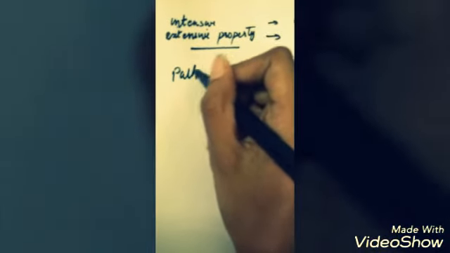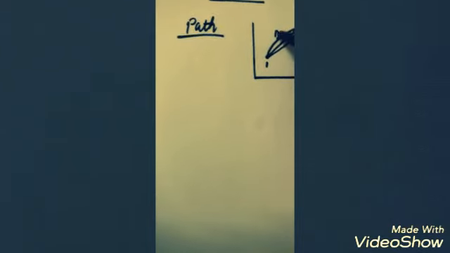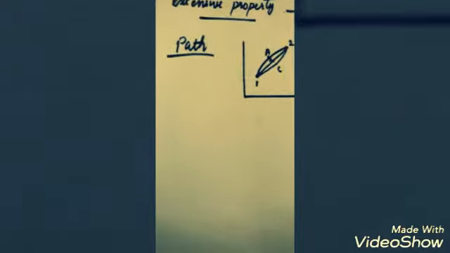What is path? So consider a thermodynamic system goes from state 1 to state 2, and it goes through three paths, A, B and C. Let at point 1 its pressure be P1, V1 and T1, and at 2 it's P2, V2 and T2.